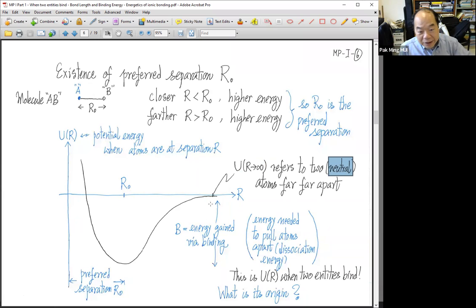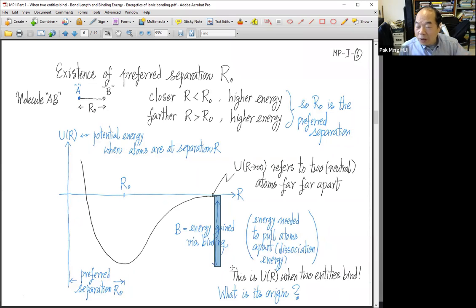Now, as they come close to each other, the electrons can think about how to distribute themselves and try to form this bond. If there is a minimum, then it means the following. Forming the molecule will gain this much energy. And that is a nice thing, right?